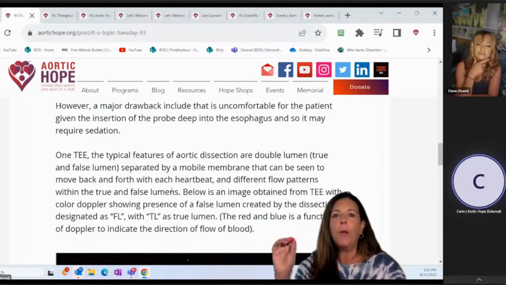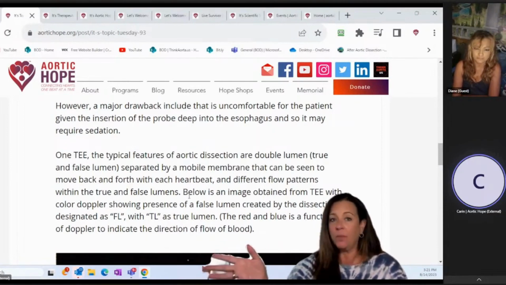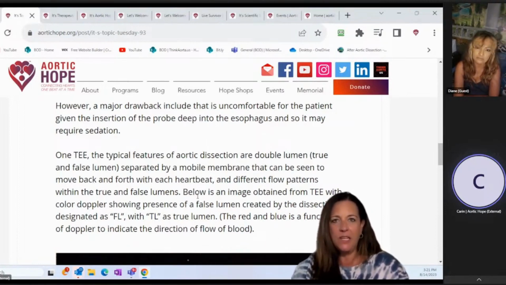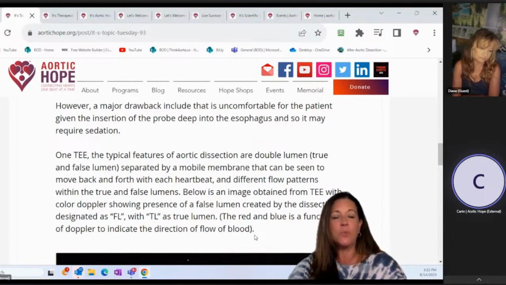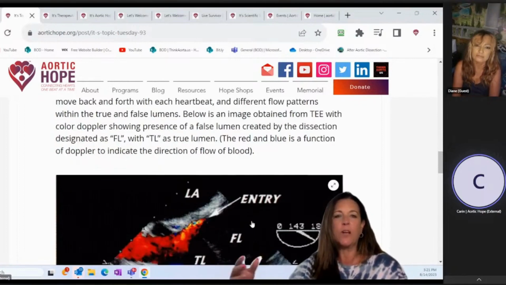These are separated by a mobile membrane that can be seen to move back and forth with each heartbeat, and it creates different flow patterns within the true and false lumen. Below is an image obtained from a TEE with its colored Doppler showing the presence of a false lumen created by the dissection, designated as FL, and the TL as the true lumen. The red and the blue is a function of Doppler to indicate the direction of blood flow.